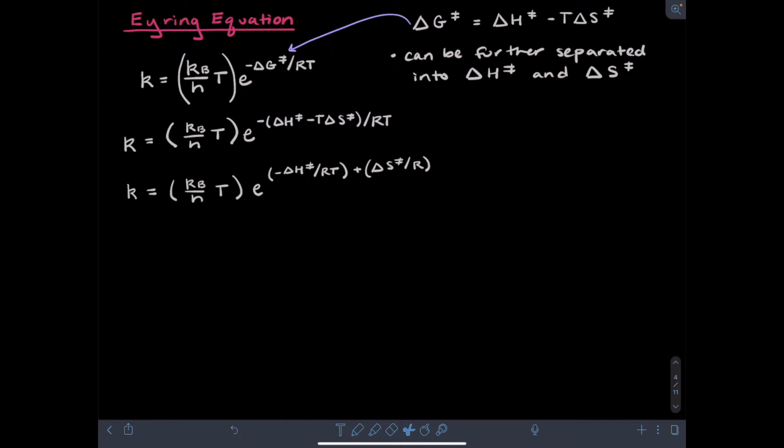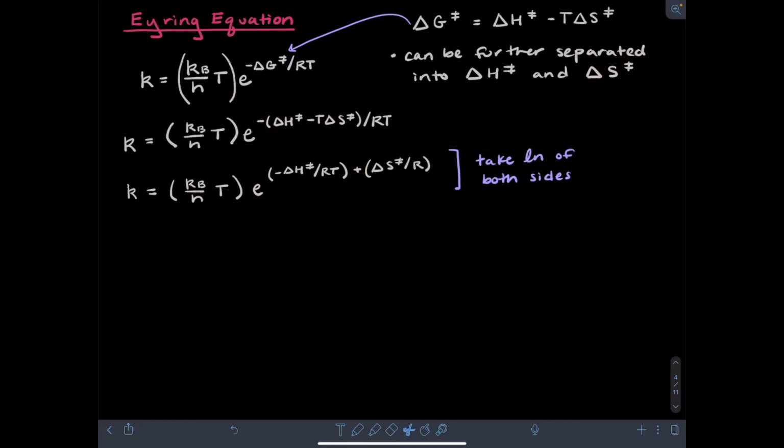It'll be e to the negative delta h double dagger divided by RT plus delta s double dagger divided by R. Notice that for my entropy term, the temperature on the top and the temperature on the bottom canceled, and the negative of a negative is a positive.